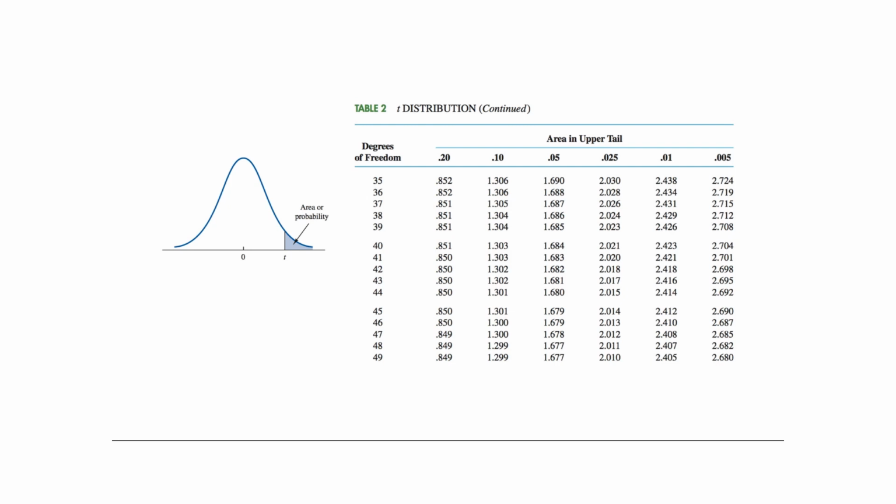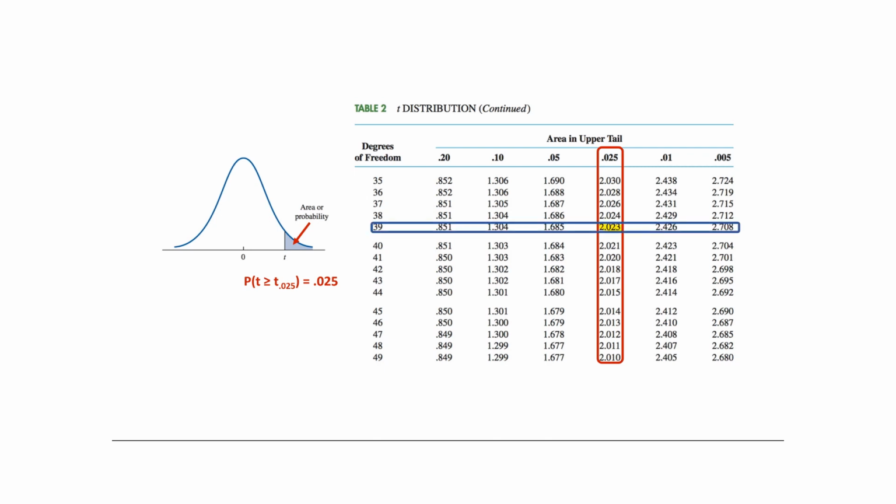This is a section of Table 2 in Appendix B of our text. It gives us exactly what we're looking for, the t-value such that the area or probability of any t-value greater than or equal to it is 0.025.